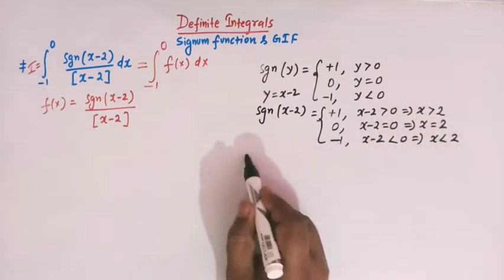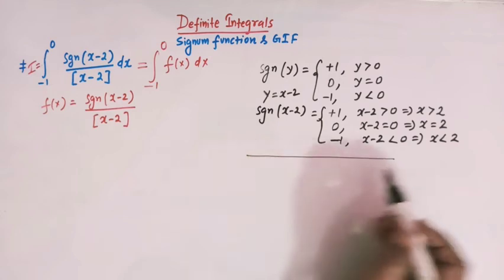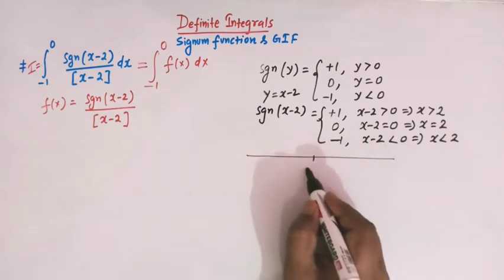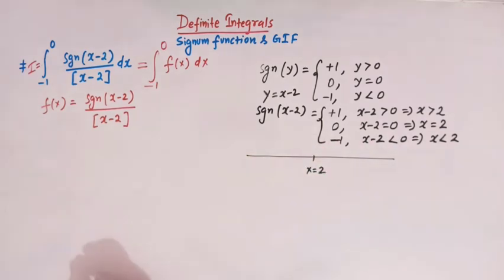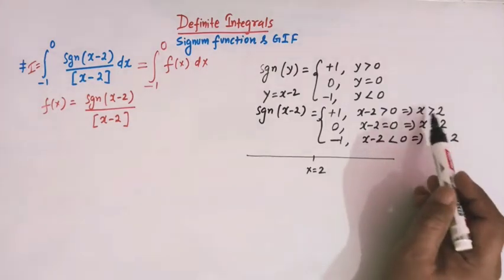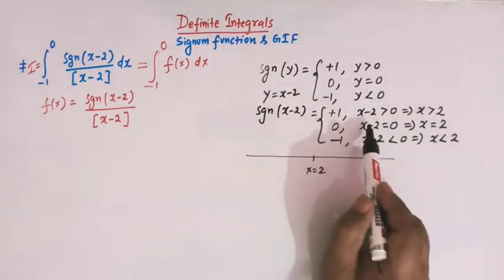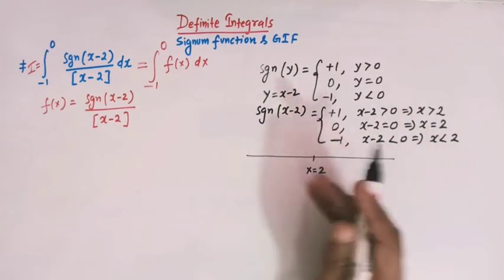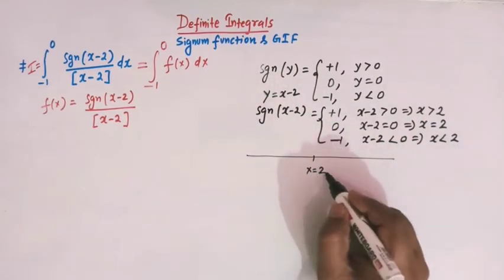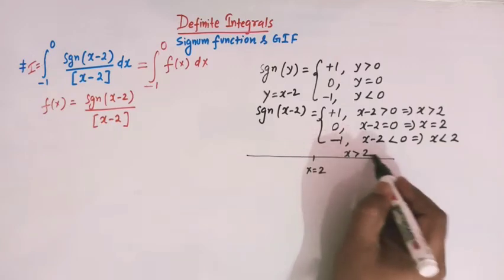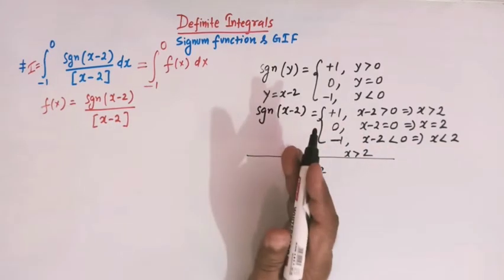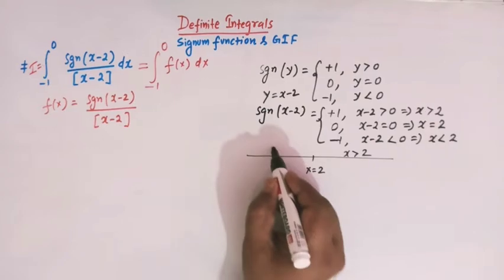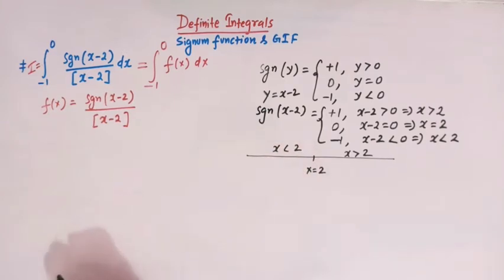Now if we take this number line, and here we have x is equal to 2, then all the points to the right of x is equal to 2 are greater than 2, and to the left of x is equal to 2 we have x less than 2.